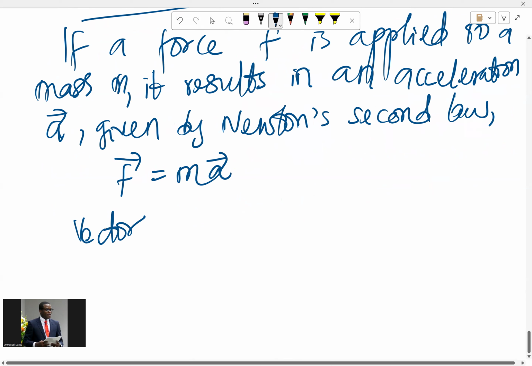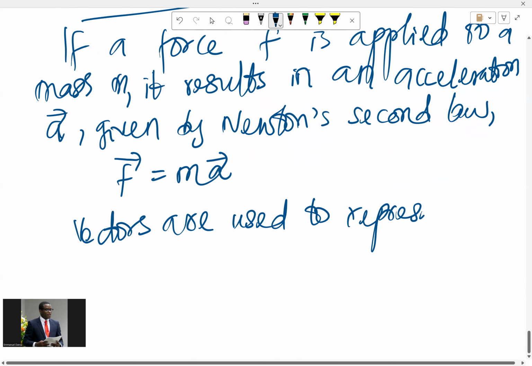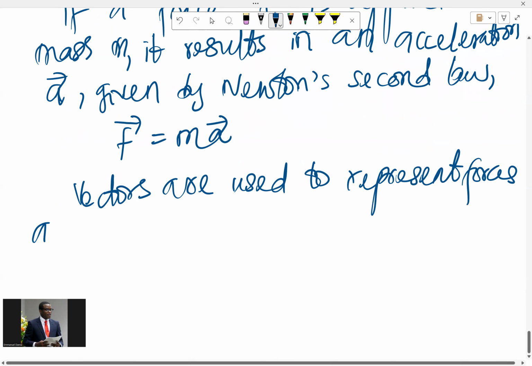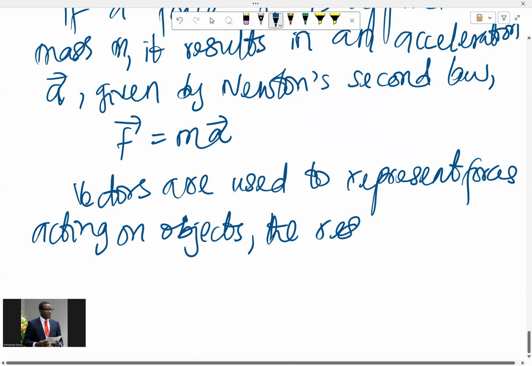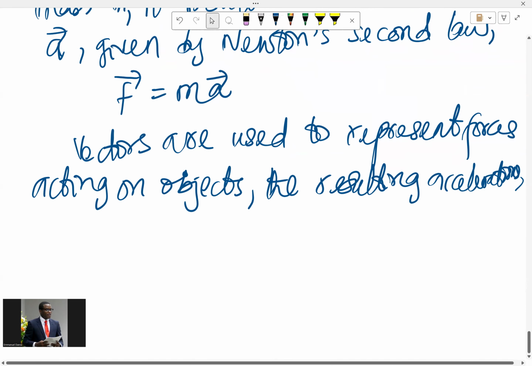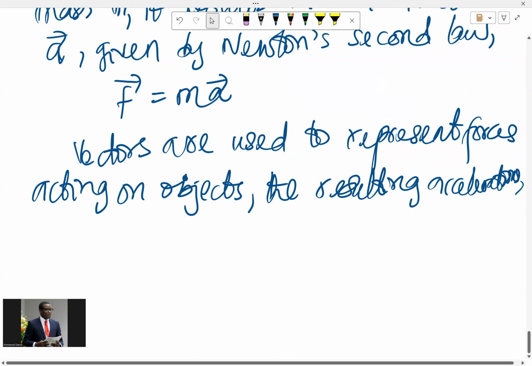Vectors are used to represent forces acting on objects, the resulting accelerations from those movements, and even velocities.